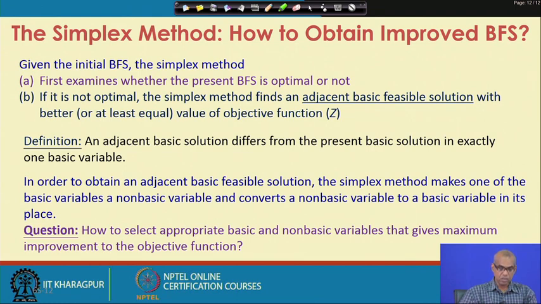The question is how to select appropriate basic and non-basic variables so that their exchange gives maximum improvement to the objective function. That means, for a maximization problem, we should get the maximum increase in the value of the objective function after the exchange of basic and non-basic variables.